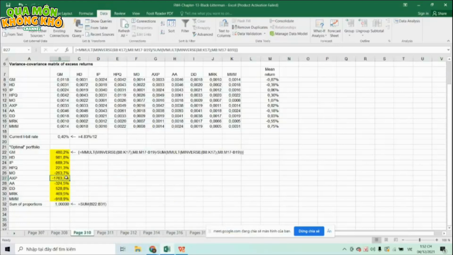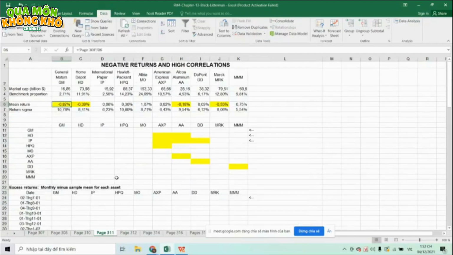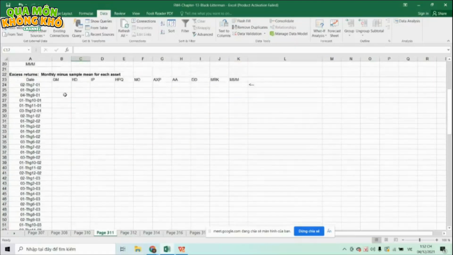To short sell this at 17.63 times, and this we can invest it 9.19 times. So we will move to the next page.